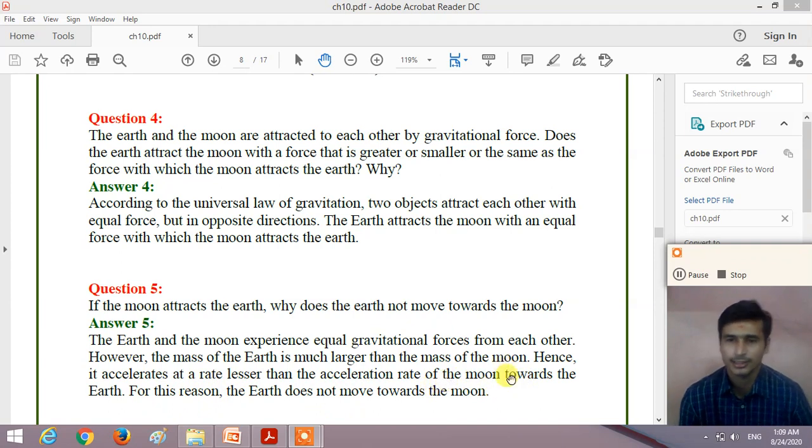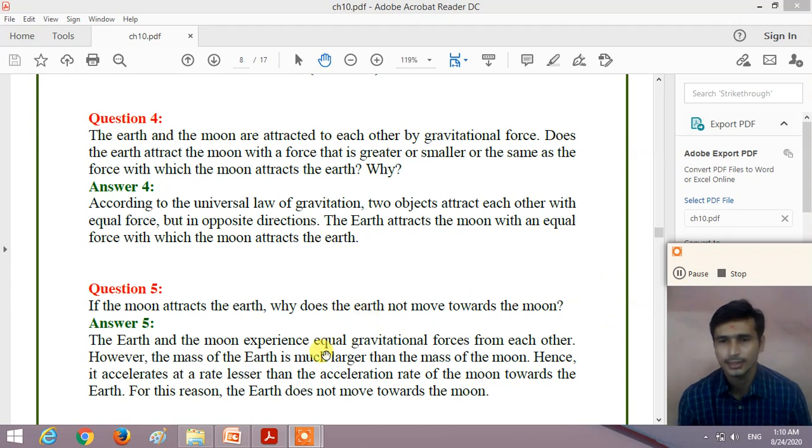The gravitational force exerted on the moon and the gravitational force exerted on the earth are the same, but the mass of the earth is very large compared to the mass of the moon. So the acceleration produced on the earth is less compared to the acceleration produced in the moon, and that's why the earth does not move towards the moon.